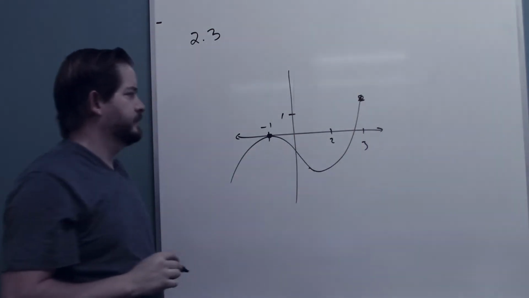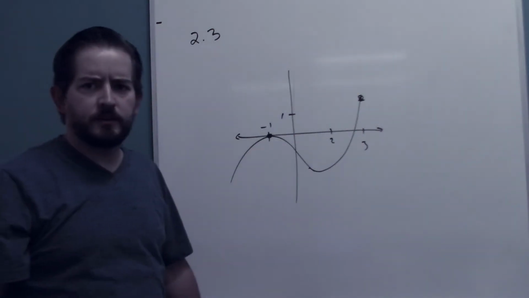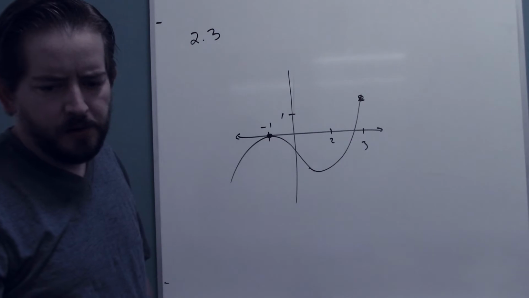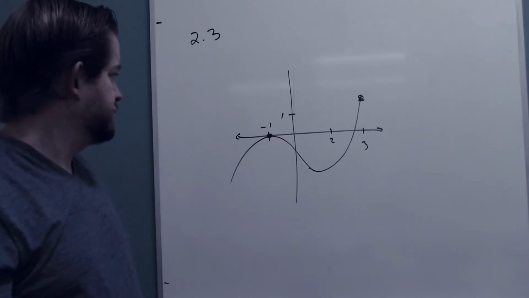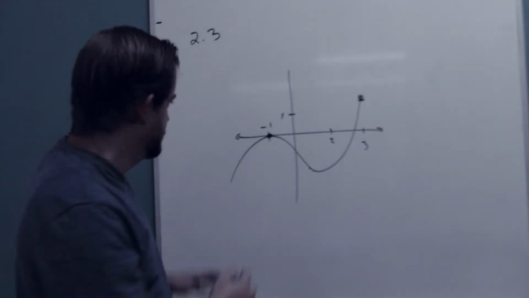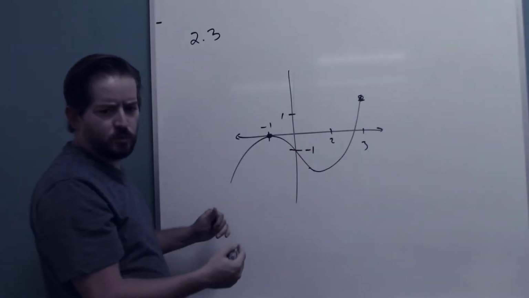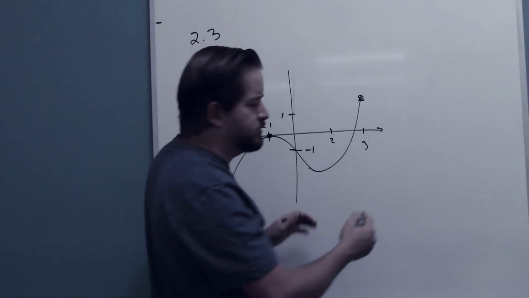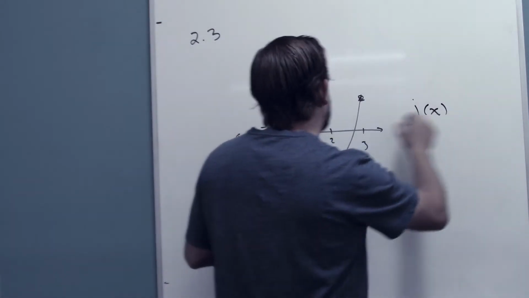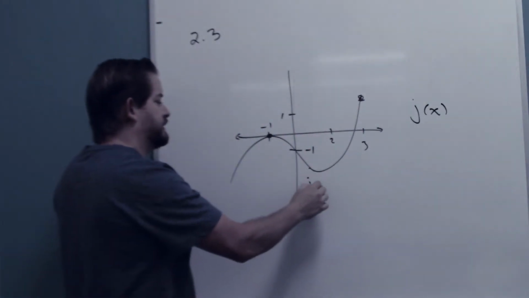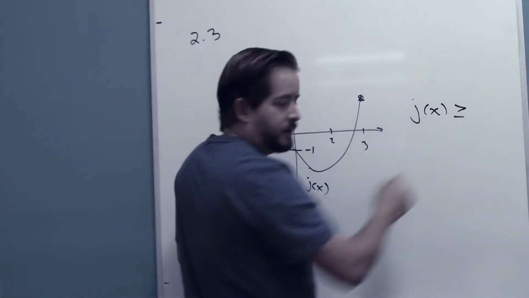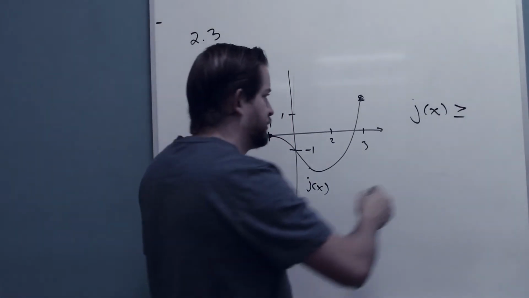Something like that, right? Again, it's not great, but here we are. That happens at -1. So the question is, when is the inequality true where this graph is of j of x? Where is that greater than or equal to -1?